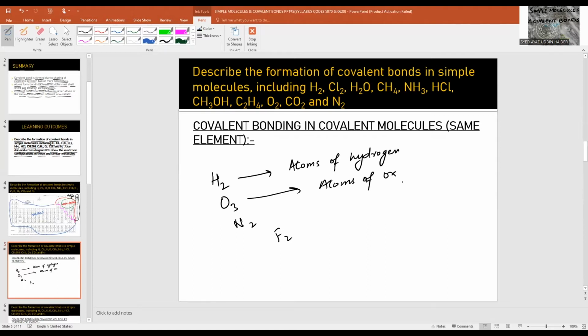In the same way, in N2 you have atoms of nitrogen, and in F2 you have atoms of fluorine.